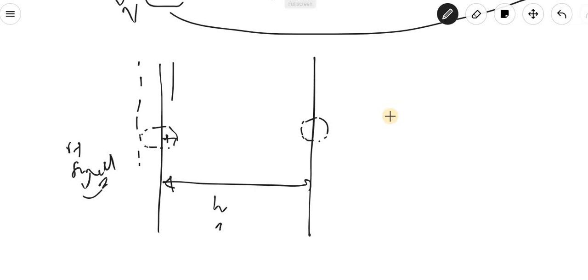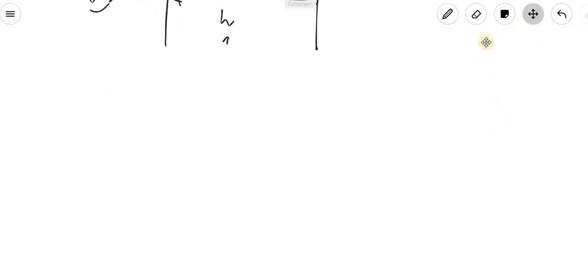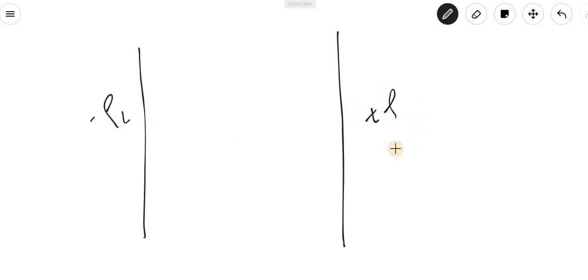Now if you study this, it is a conductor with two infinitely long charges of different polarity. Suppose here it is negative polarity and here it is positive polarity.